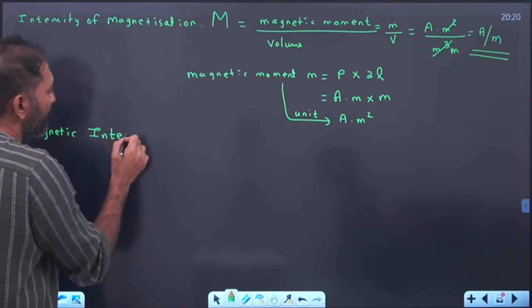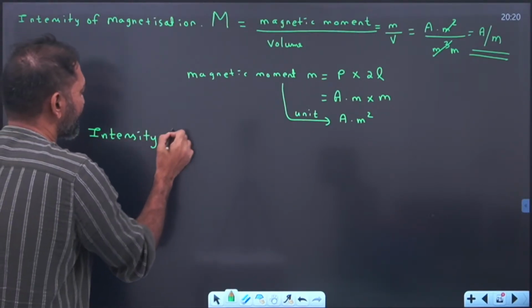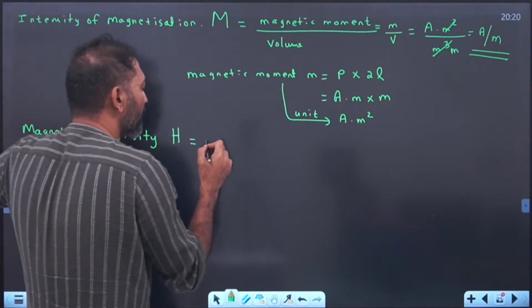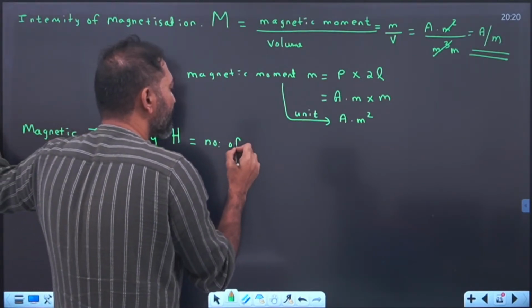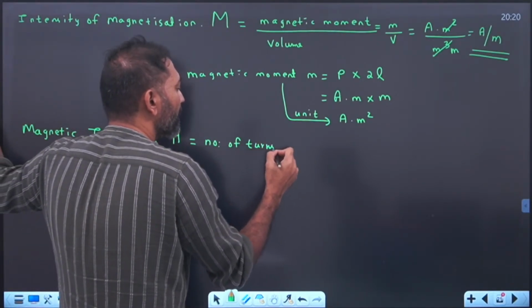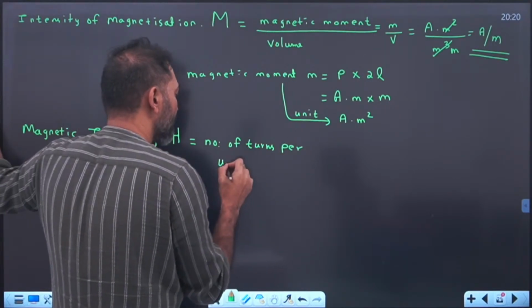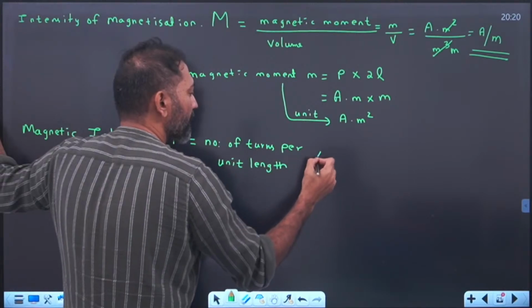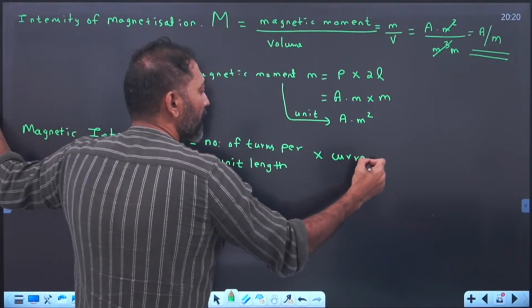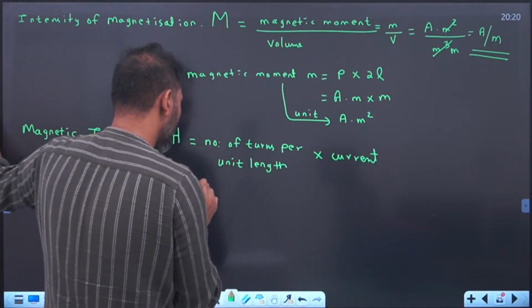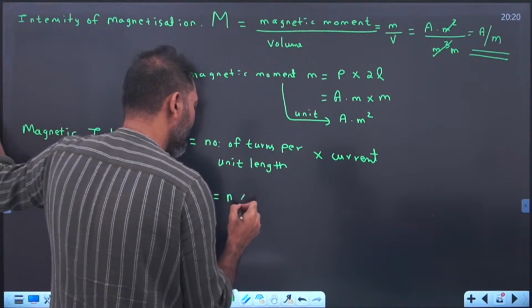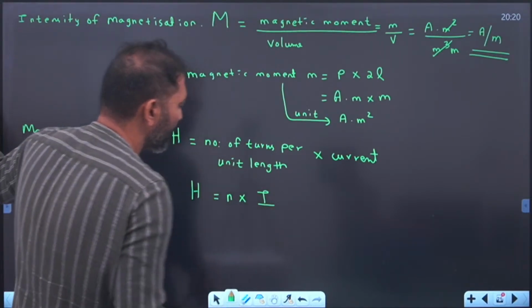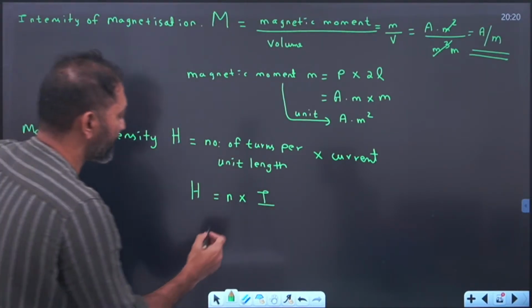Next is magnetic intensity. Magnetic intensity is denoted by letter H, equal to number of turns per unit length into current. Number of turns per unit length is small letter n, into current I. What will be the unit?